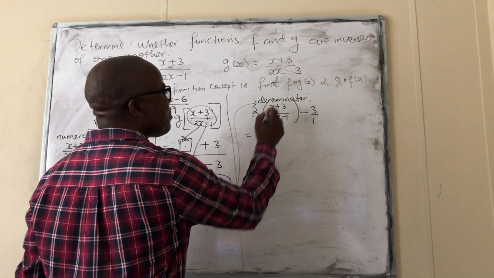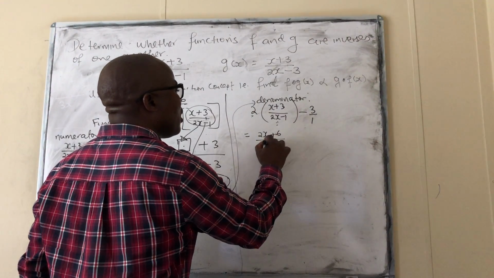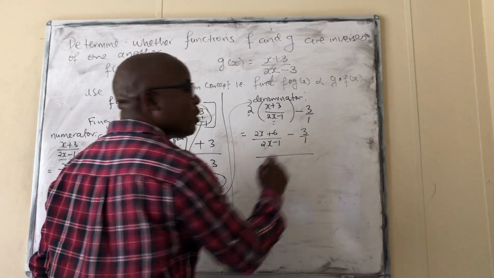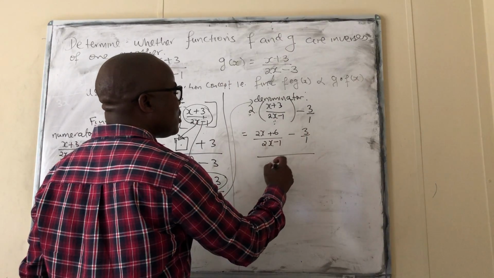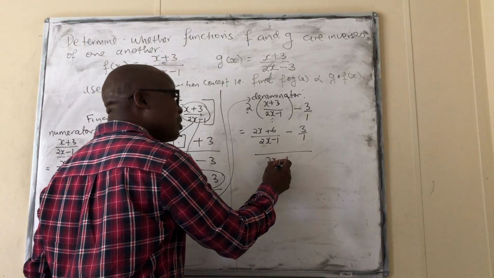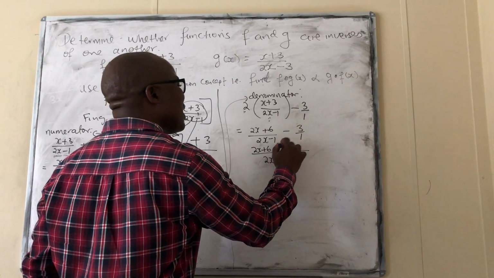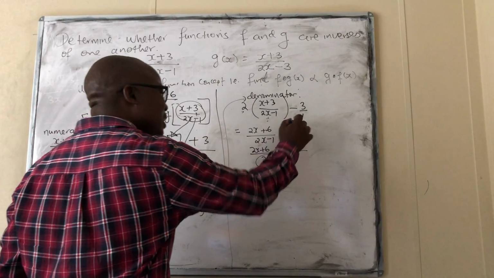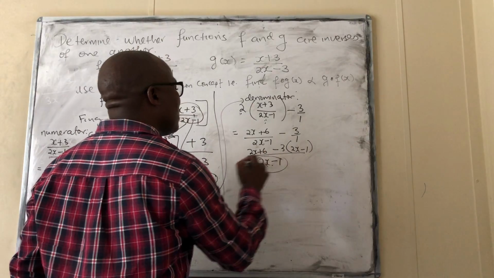So this is 2 times x, 2x, 2 times 3, plus 6, all over 2x - 1, minus 3 over 1. We look for the lowest common denominator, which is 2x - 1. 2x - 1 into this goes once, so 1 times this is 2x + 6, minus, and 2x - 1 into this goes 3 times, so 3 outside, and then we've got (2x - 1).